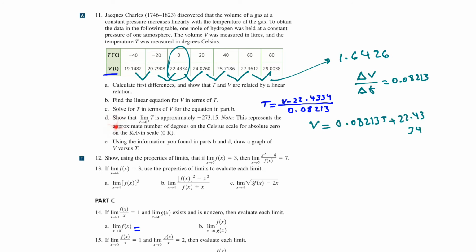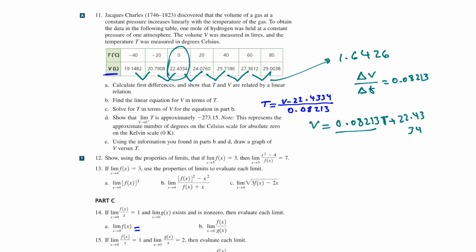Part D, show the limit of T as V approaches 0 is approximately negative 273. We isolate T in this equation. We write T as a function of V. We bring 22.43 to the left side and divide by the coefficient of T. T would be (V minus 22.4334) divided by 0.08213.